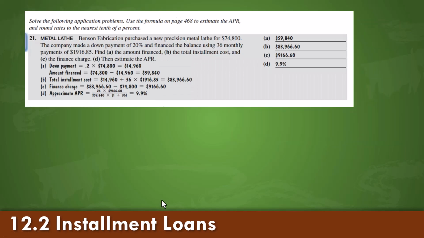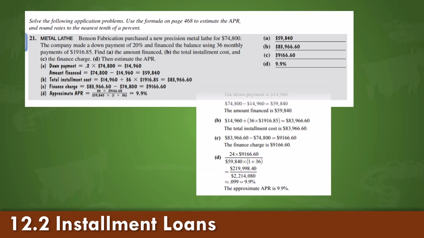In this case here, we're solving the application problems using the formula that's located on page 468 to estimate the APR. In this here, I've demonstrated an example down payment calculation, TIC or total installment cost, finance charge, and approximate APR. These calculations are shown for you here.